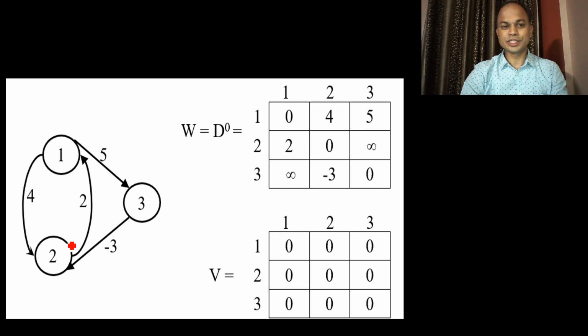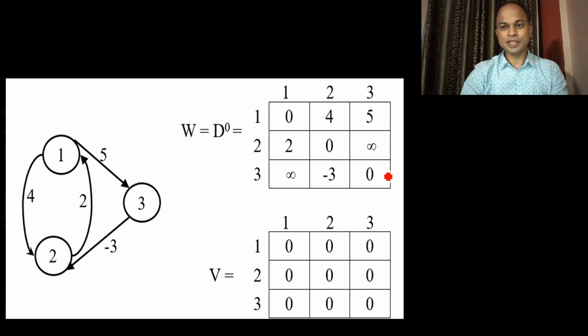2 to 2 is 0, and for 2 to 3, no edge is available from 2 to 3. Therefore, we have marked infinity. And from 3 to 1, no direct edge is available, so we have marked infinity. The 3 to 2 distance is minus 3, and we have marked minus 3. The 3 to 3 distance is 0.